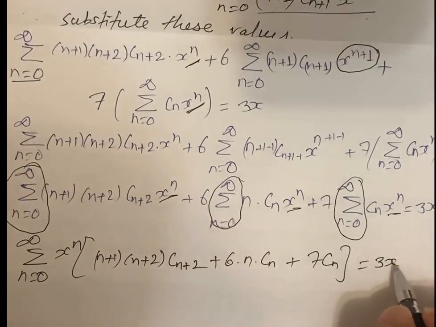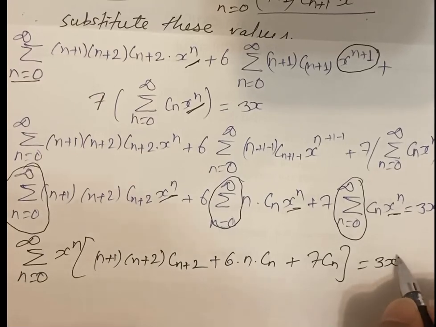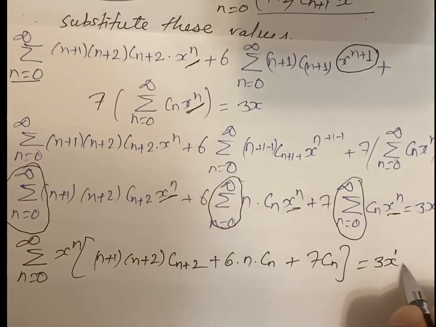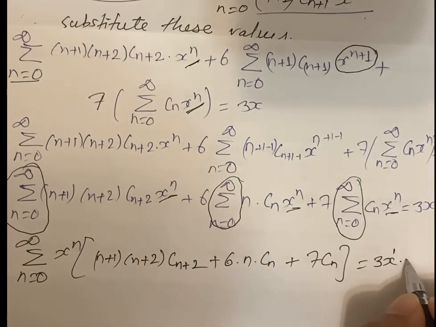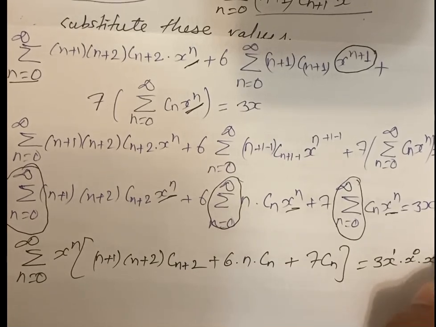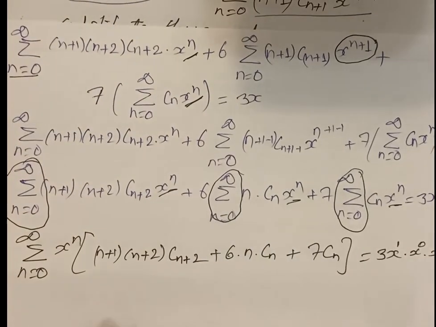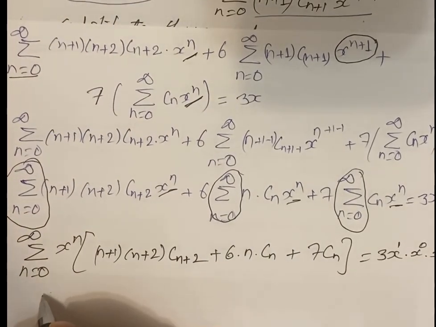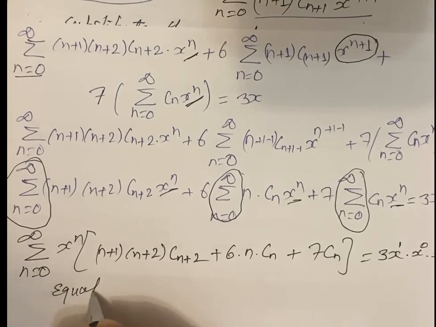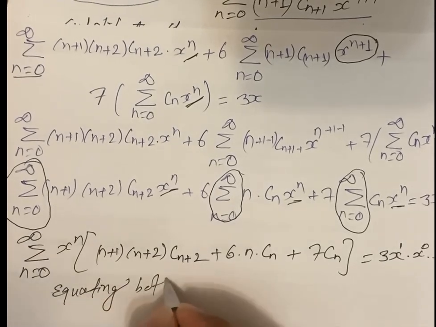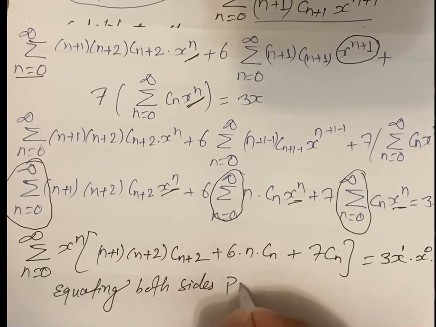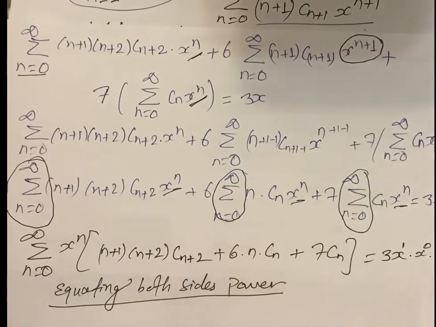Here 3x means 3x to the power 1, so we can write this one as x^0 times x^1 and so on. So equating both sides' power, let's equate the power.